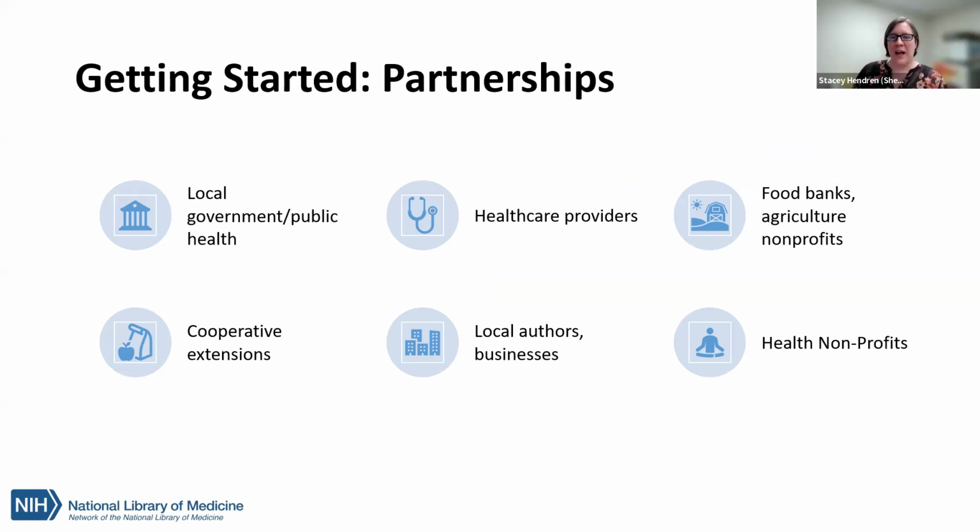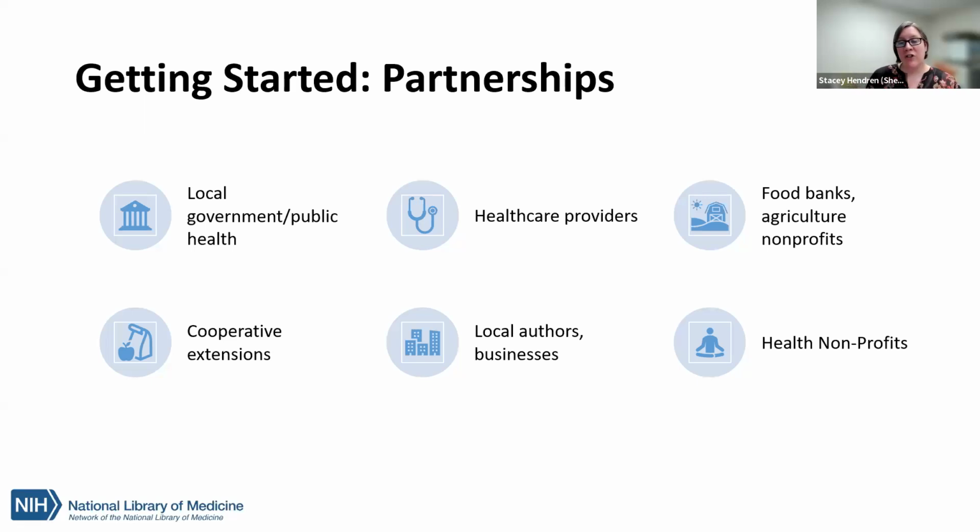With an idea in mind, begin to think about who you might be able to partner with to enable or enhance the outreach or programming activity. So, partnerships. One effective way to do health programming is to partner with a local organization who needs a location or space and has goals that align with yours.